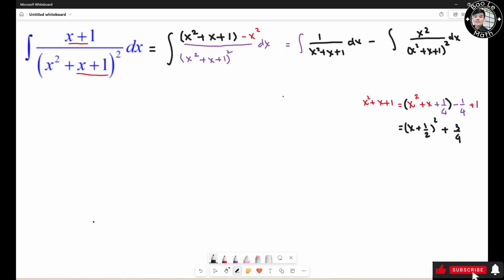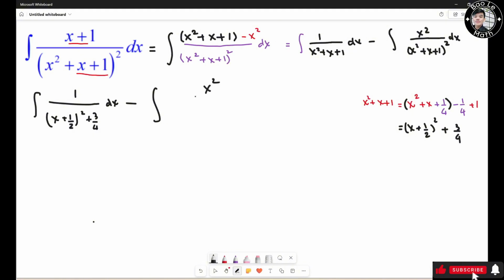So this one can be written as the integral of 1 over ((s + 1/2)² + 3/4) ds. Now for the second one, I can factor the denominator.